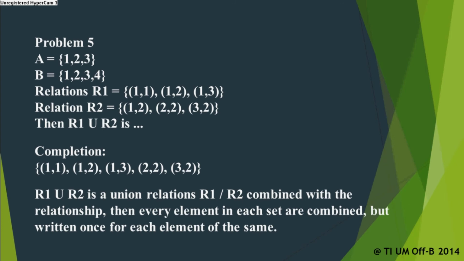Then R1 union R2 is (1,1), (1,2), (1,3), (2,2), (3,2). R1 union R2 is the union relation, R1 or R2 combined, where every element in each set is combined but written once for each element that is the same.